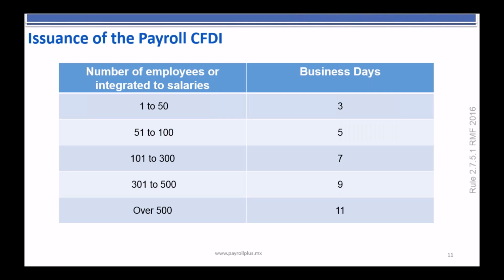And these additional days go on. If you have 51 to 100 employees, you have 5 business days. And companies with over 500 employees, they have 11 business days after the date of payment to prepare and issue the CFDI.